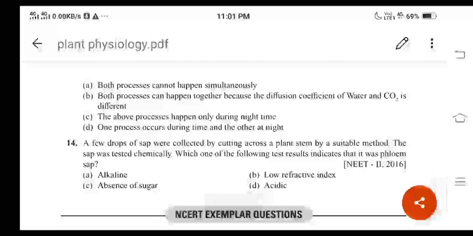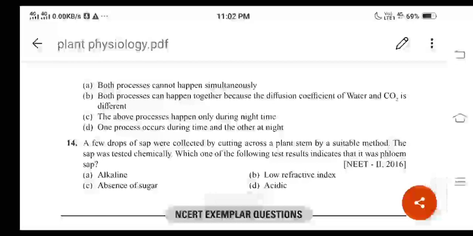And the fourth one is one process occurs during daytime and the other at night. For question number 13, option B is the correct answer. What is the reason here? Both processes can happen together because the diffusion coefficient of water and carbon dioxide is different.